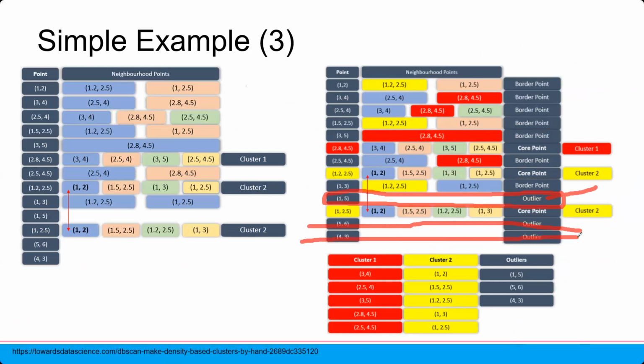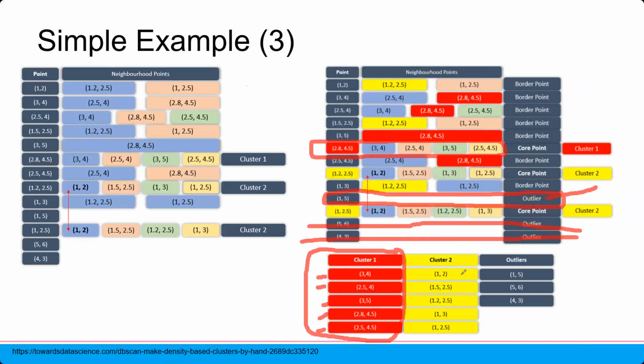So we can have the conclusion that cluster 1 is the points in this section. It means 3, 4; 2.5, 4; 3, 5; 2.8, 4.5; and 2.5, 4.5.